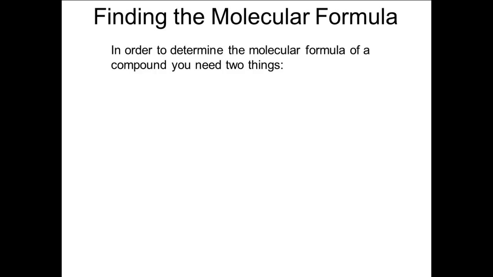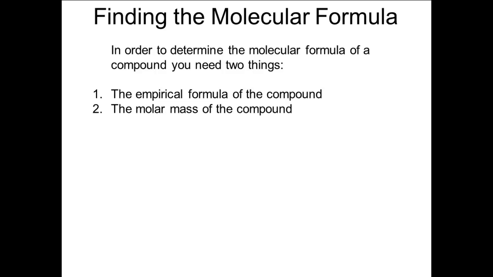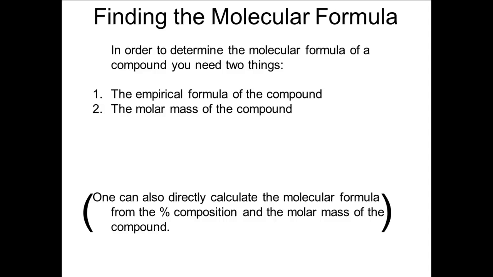To find the molecular formula, we need two things. First, we need the empirical formula of the compound, and then we need the actual molar mass of the compound. It is also possible to get the molecular formula directly. We will look at how to do this later in the video.